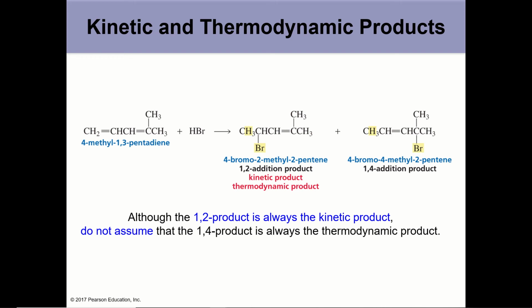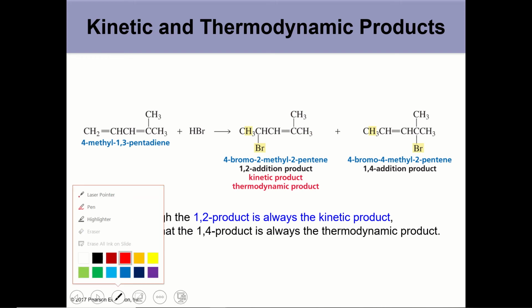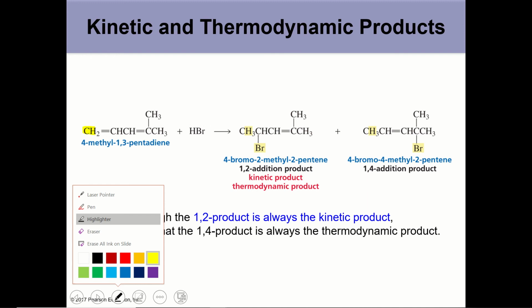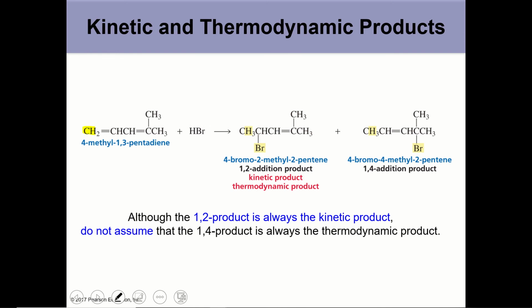So how do we decide? Again, remember, how do you decide if the yellow carbon is carbon 1 of the diene, or if the blue carbon is carbon 1 of the diene?